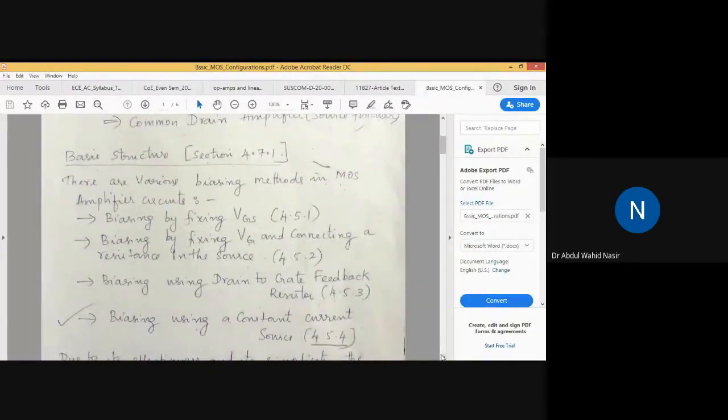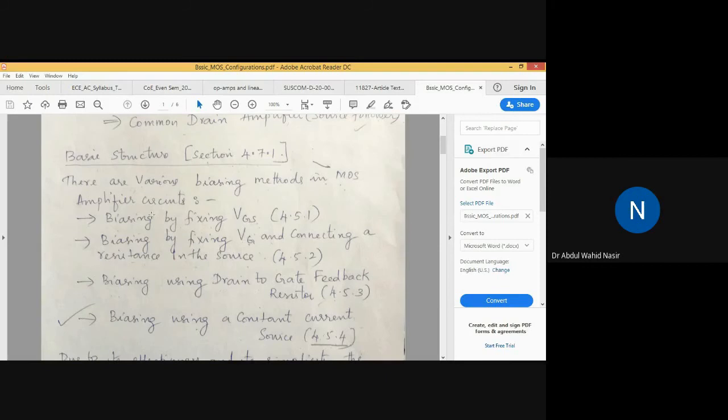So in basic structure, we will see the biasing. There are various biasing methods in MOS amplifier circuits, out of which the important ones are biasing by fixing VGS.